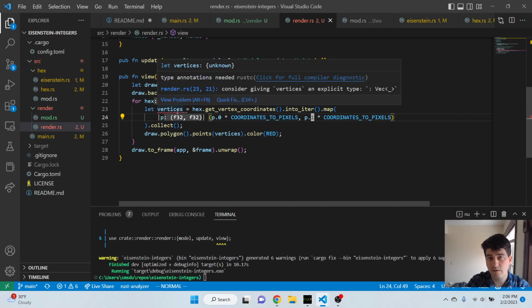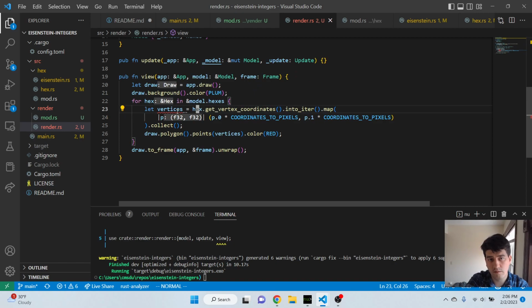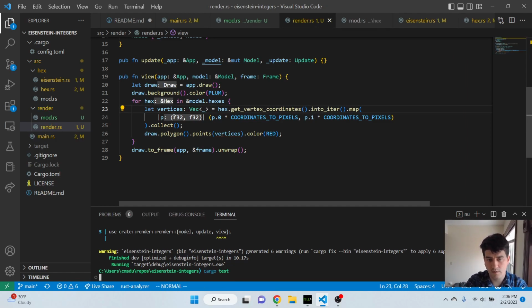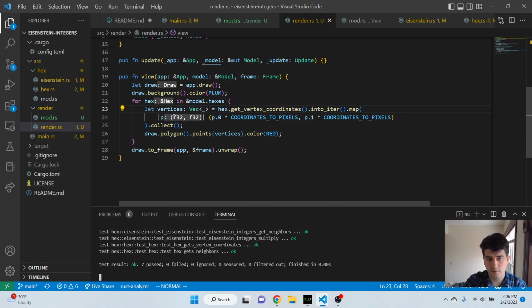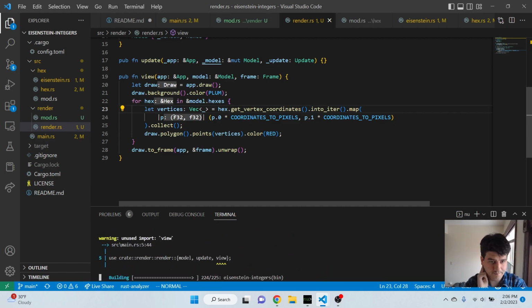Vertices doesn't know what it is. Vertices still doesn't know what it is. Because syntax. Okay. Test. Cargo run.